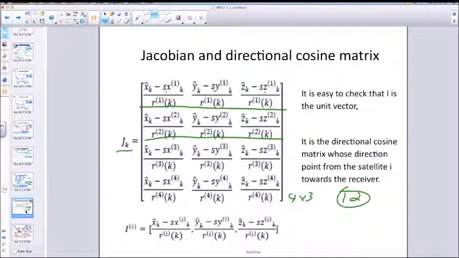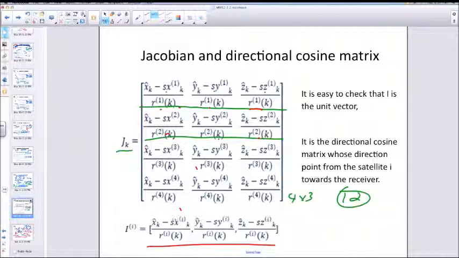So now let's look back at this again. See, this first row is exactly the cosine vector from satellite 1 to the user. And the second line is the exact direction from the satellite to the user. The third, satellite to the user. The fourth, satellite to the user.